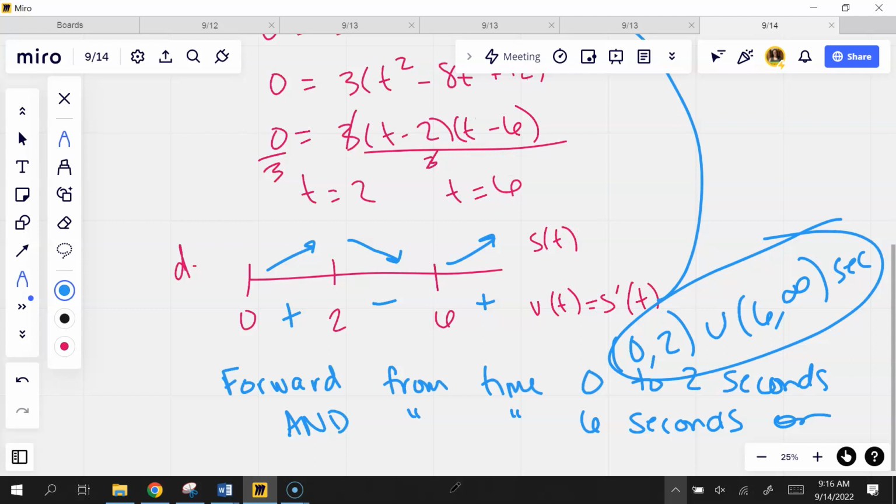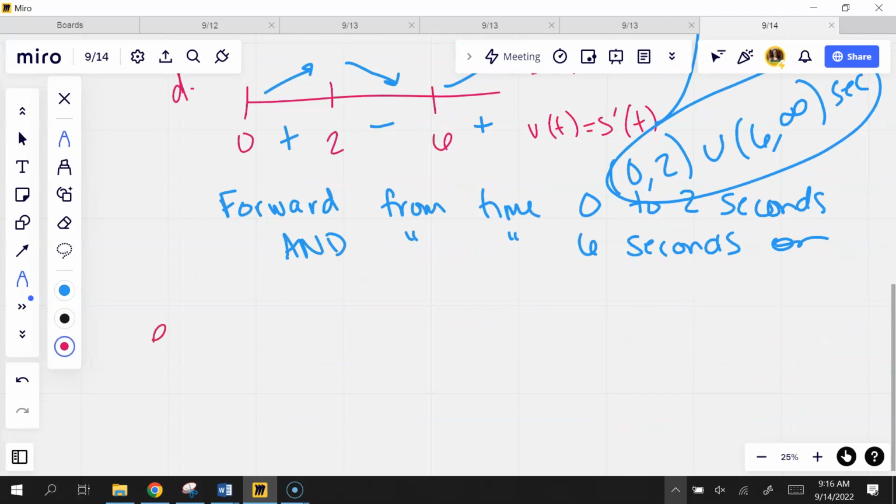E, find the displacement of the particle after the first 8 seconds. So displacement is final minus starting, right? Change in position.